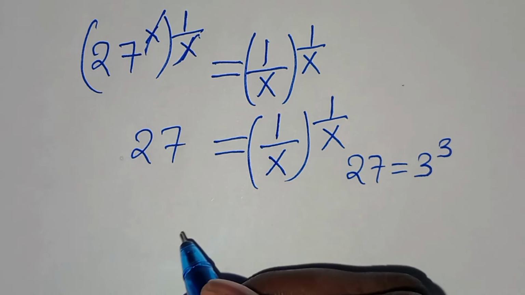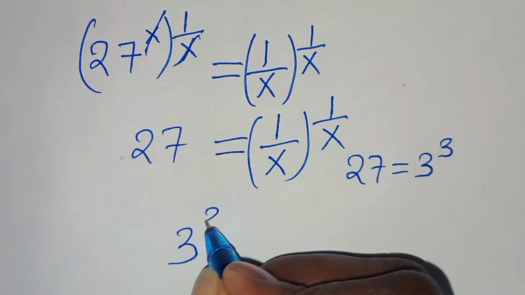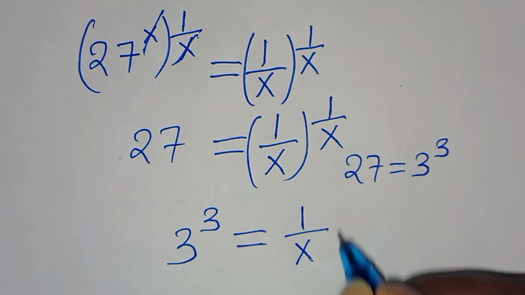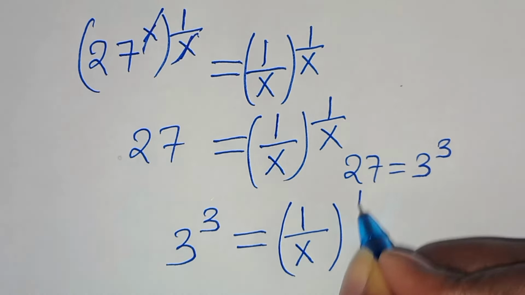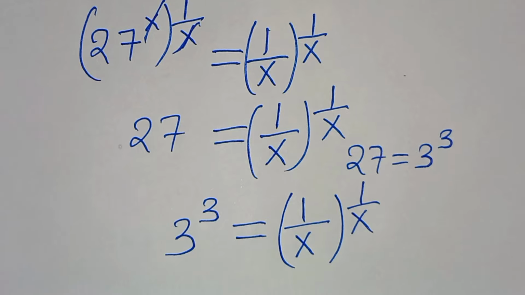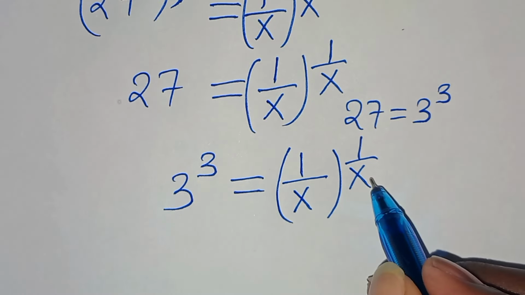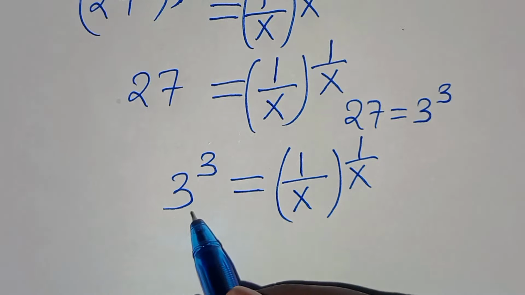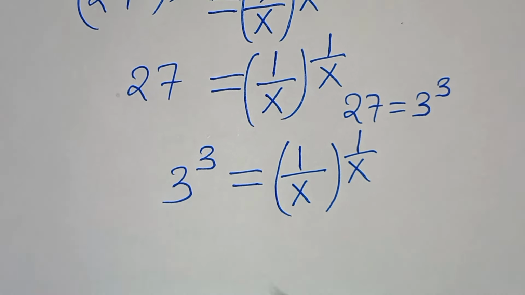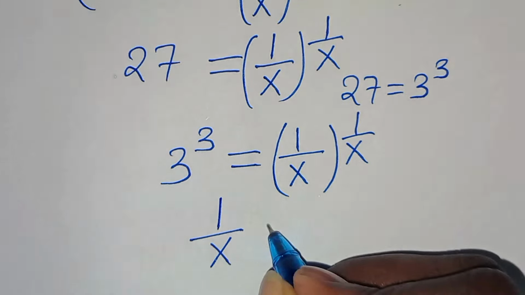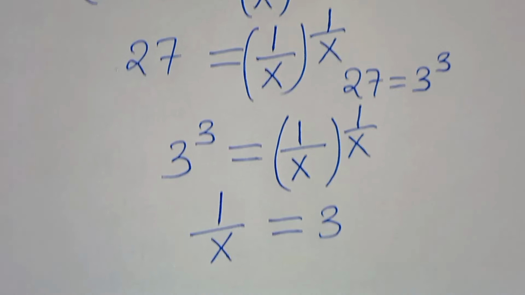So now we have 3 to the power of 3 equal to 1 over x raised to the power of 1 over x. If you check, the base and the exponent are the same on both sides, so this means that 1 over x is equal to 3.